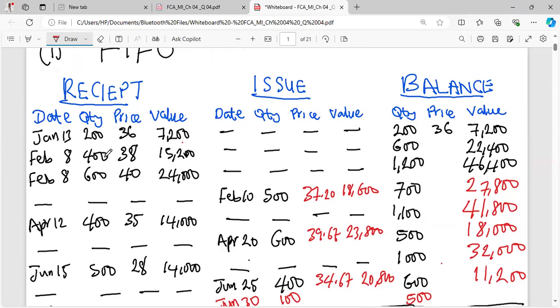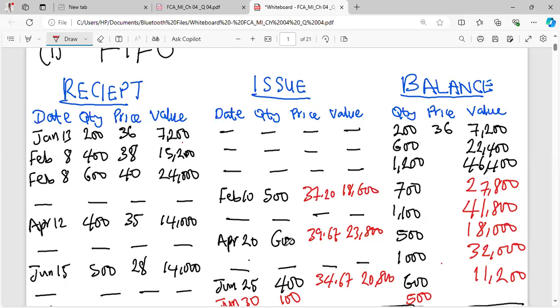So remaining 100. When dealing with 500, we took 200 plus 300 here.